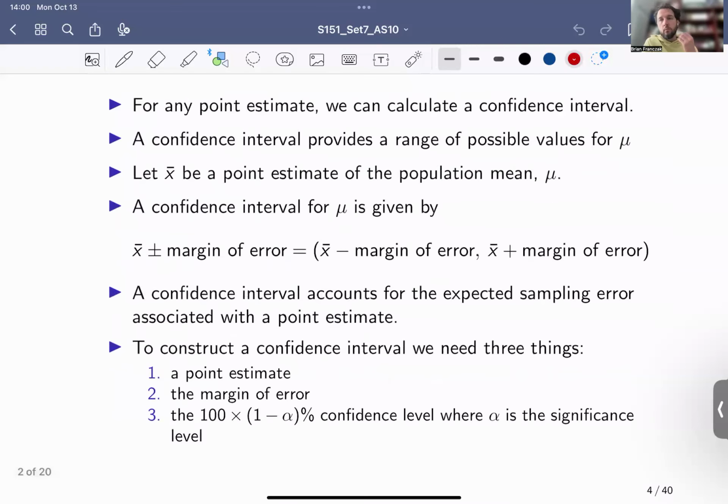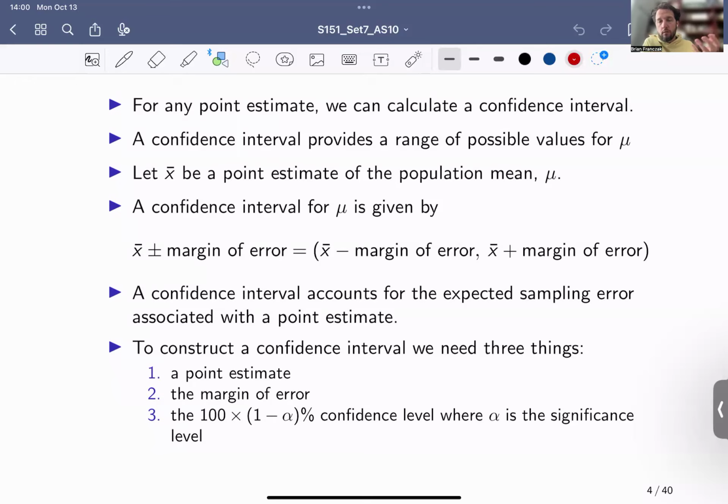Now, we know or we assume that associated with every sample is sampling error because the sample is a subset of the population. What I mean is most often we are working with a collection of values that have been taken from the population, but we do not have access to all of the population values.